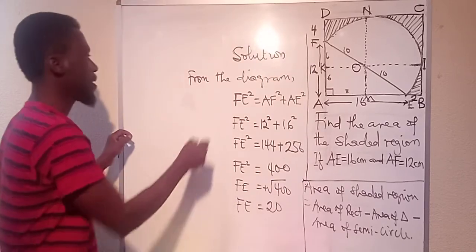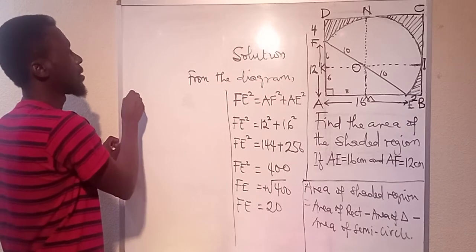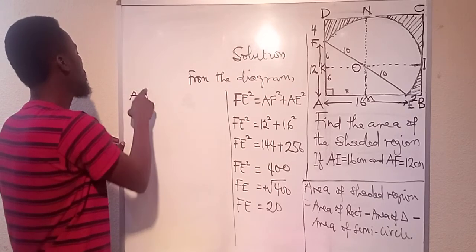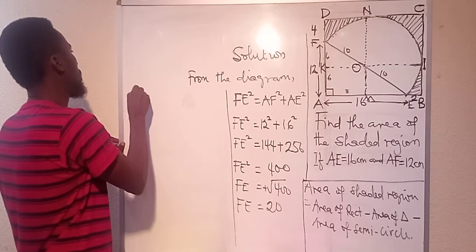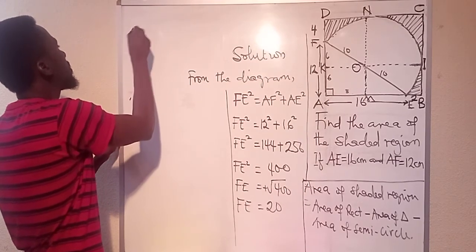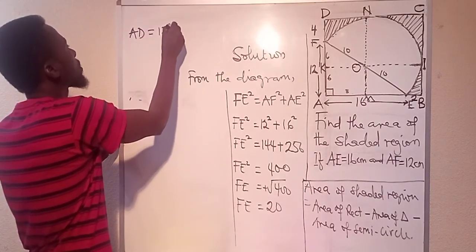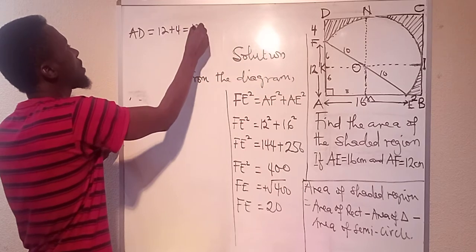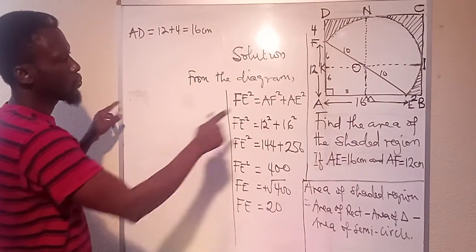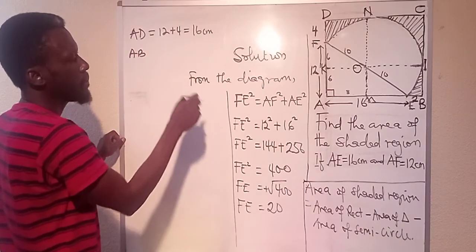So from the diagram, we can see that AD is equal to 12 plus 4, that is equal to 16 centimeters. Then we come to AB.